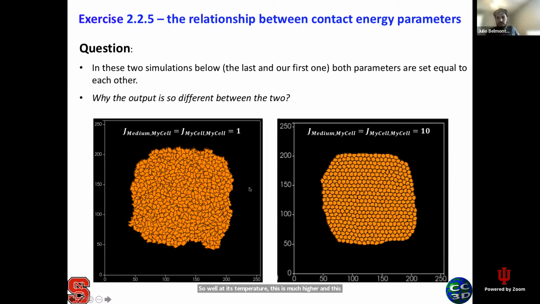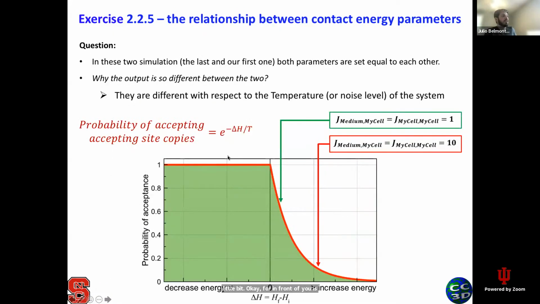So what is going on here from a theoretical point of view? Okay, I'm going to go a little bit mathy and physicsy. Every time you do a spin flip, you have a site copy attempt and calculate the change in energy. If your contact energies are 10, you're usually in this range of the typical change in energy associated with each flip. But if you make your energies 1, 10 times lower, you're actually moving here.